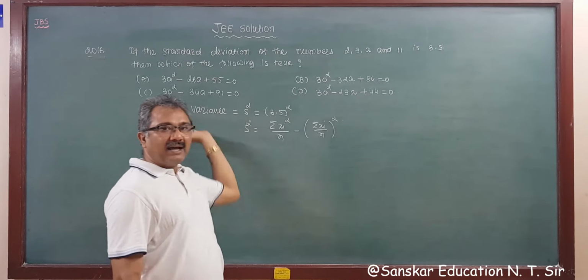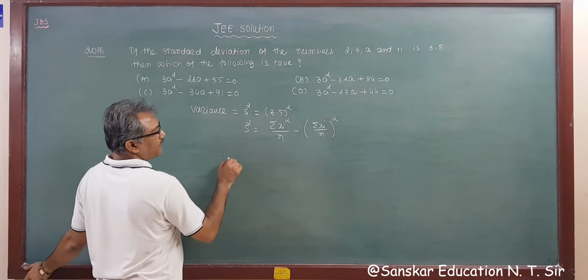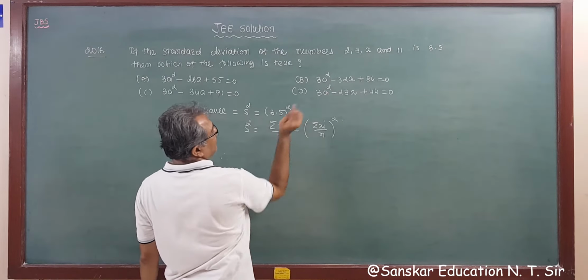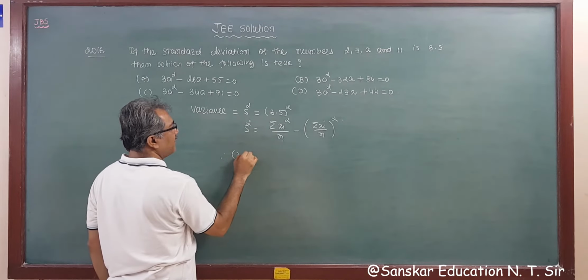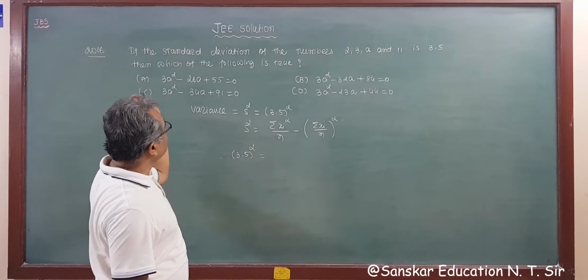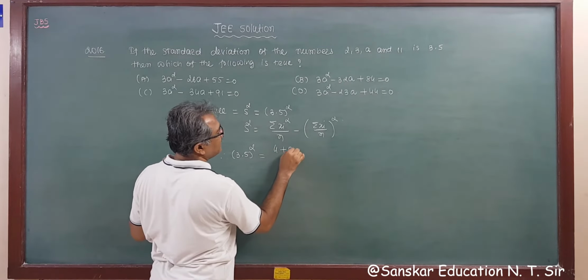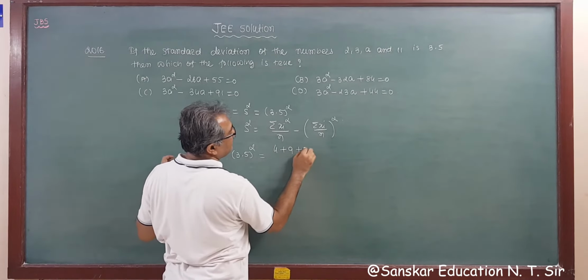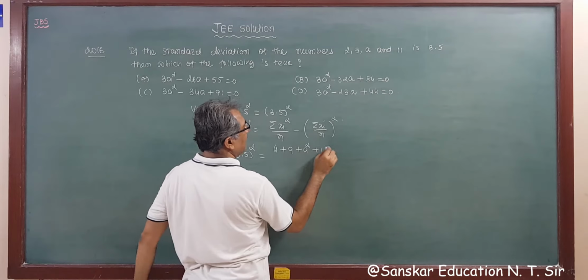We will get an expression matching one of these four options. So 3.5 whole square is equal to sigma xi square, and the squares of the observations are 4 plus 9 plus a square.